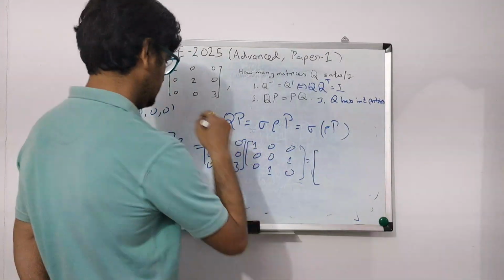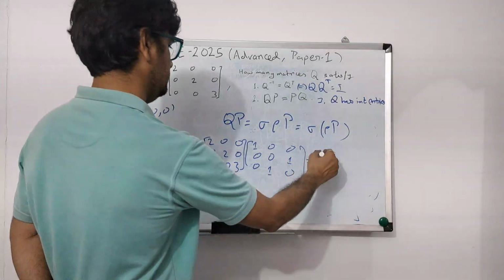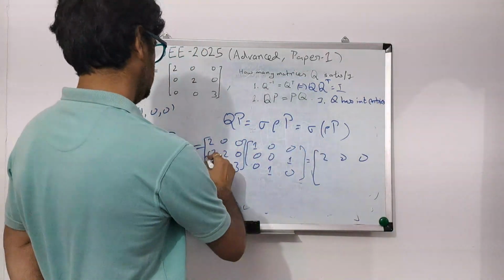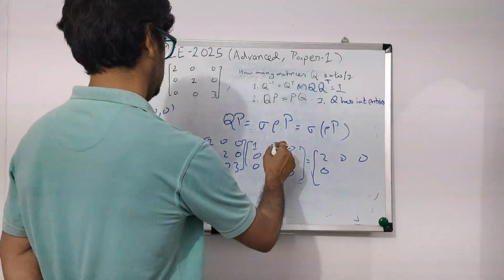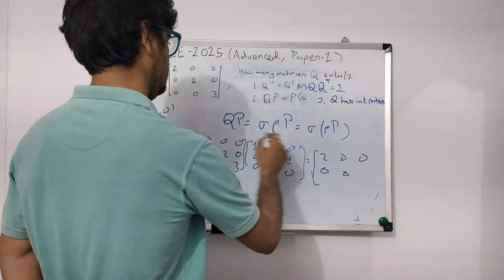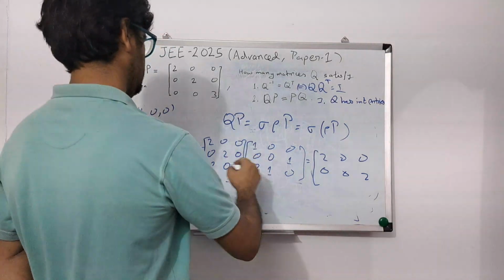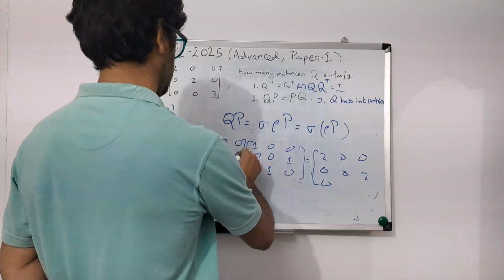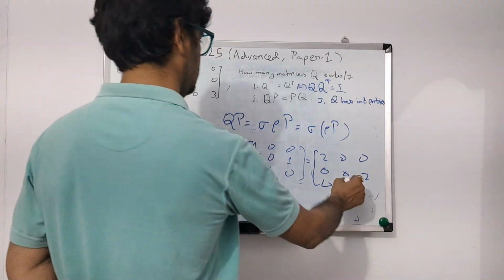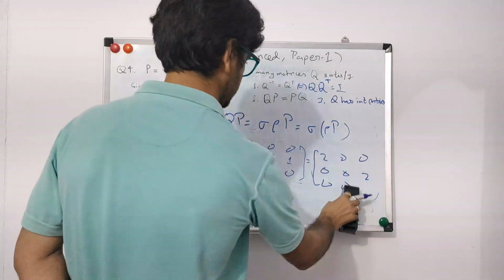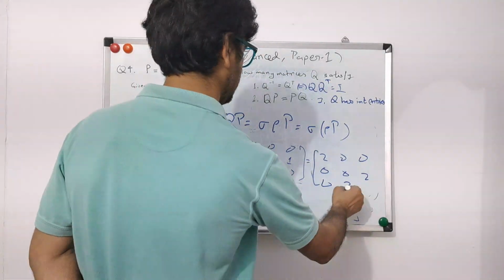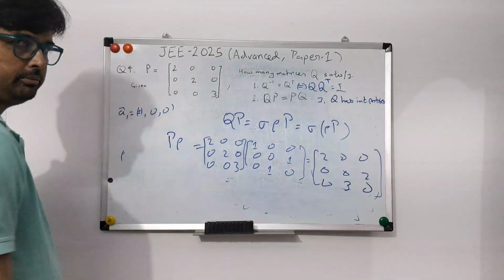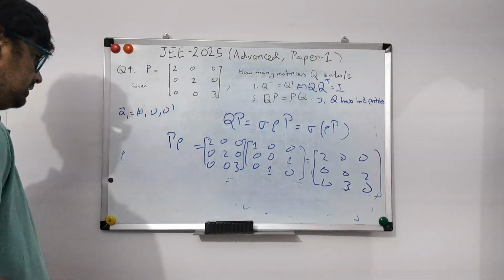So here we get 2 0 0, 0 0 2, 0 3 0. So these 2 columns got permuted.